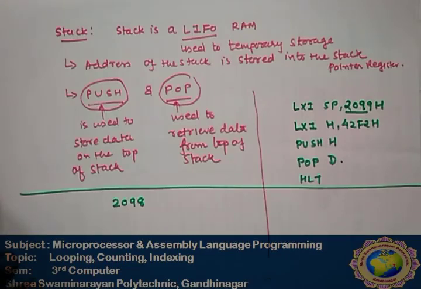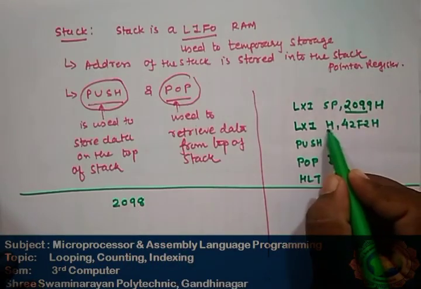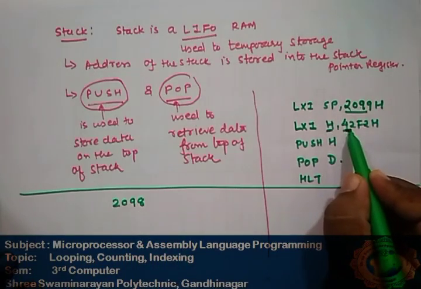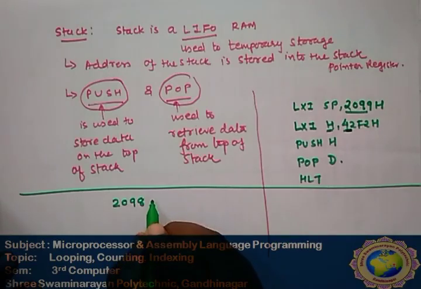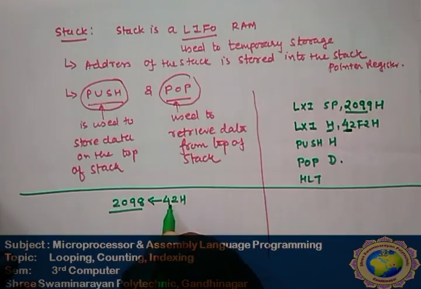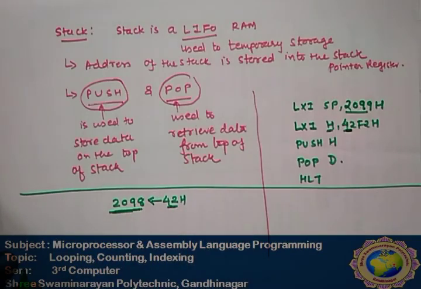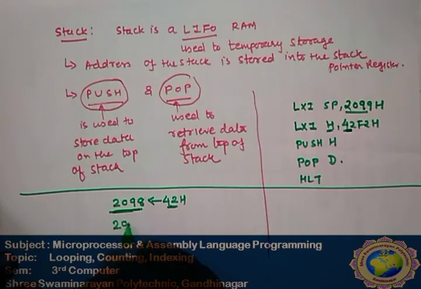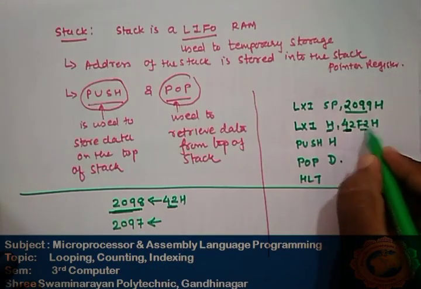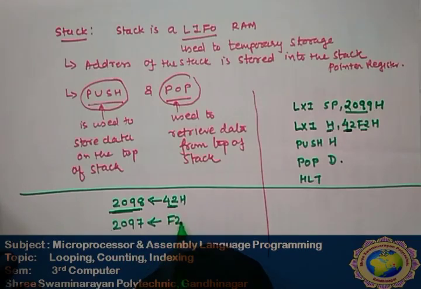The contents of H are stored first. What is the content of H? That is 42, so it is transferred to this address. Then again it is decremented by 1. Okay, again the content of L is transferred to that address.